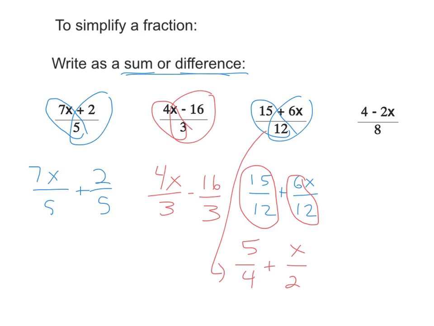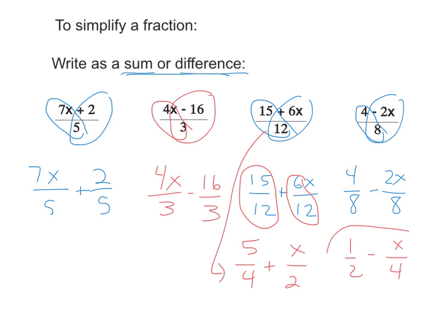For the last one, we have 4 over 8 minus 2x over 8. The 4/8 would reduce to 1/2. The negative 2x/8 would reduce to negative x over 4. So this would be a simplified answer to the original fraction.